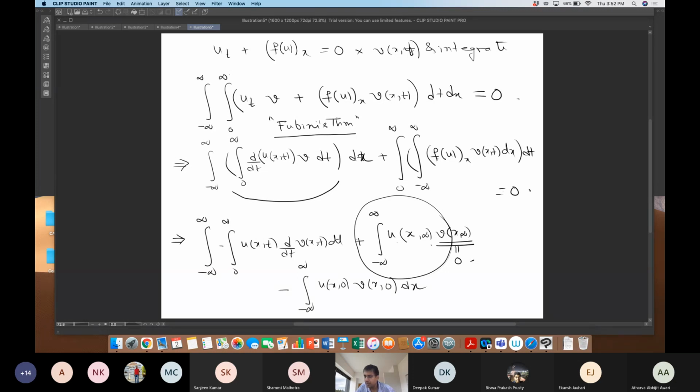If you do the integration by parts, x will come. The boundary terms will be v at infinity and v at minus infinity, both are 0 because v has a compact support in x as well. So that will be minus the integral over 0 to infinity of f(u) v at x dx dt, that is equal to 0.